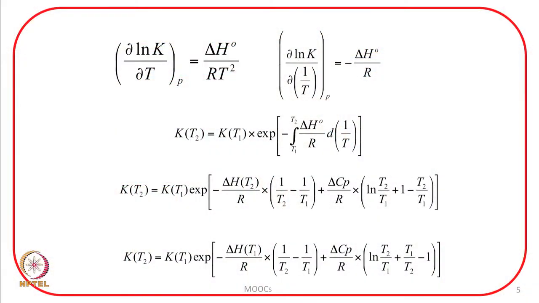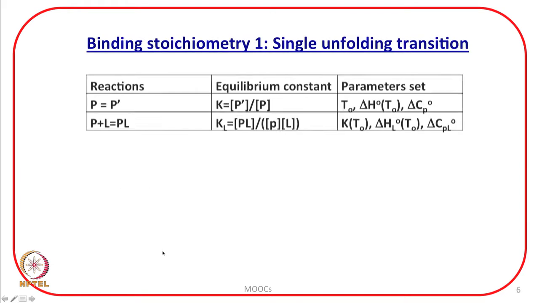You see, these two equations connect the value of K at any temperature with the value of K at an initial temperature and the corresponding values of enthalpies, heat capacity changes and the temperatures. So, by making use of these equations, we will extend our discussion to derive further properties.